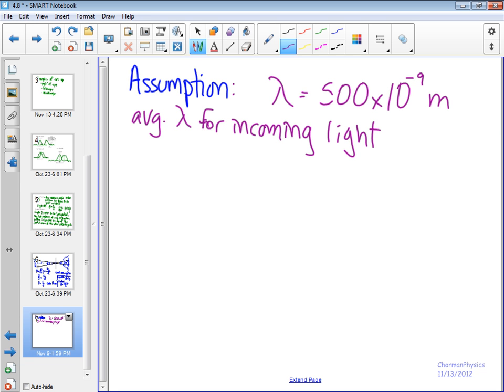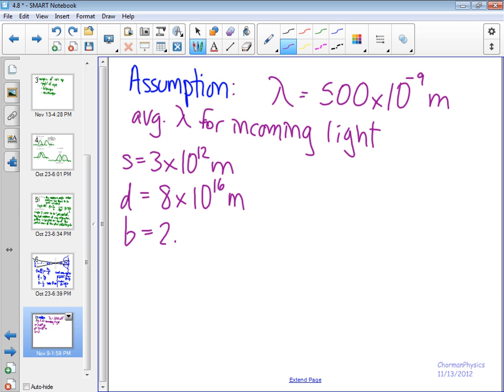Let's write down all the variables that we have in addition to this. The separation is 3 times 10 to the 12th meters, 3 gigameters, and the distance from the star is 8 times 10 to the 16th, which I guess is 80 terameters. Yeah, I think so.